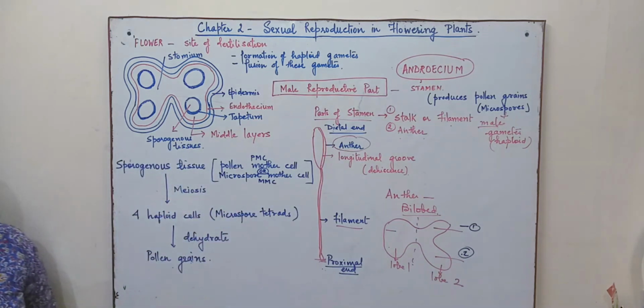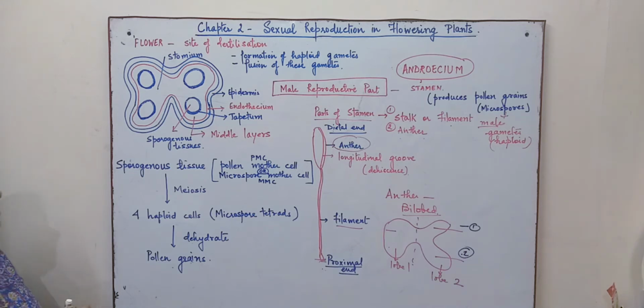Now, this anther has a longitudinal groove as explained earlier, and this groove is the site where the dehiscence will take place. The bi-lobed nature of an anther is very clearly seen in the transverse section.